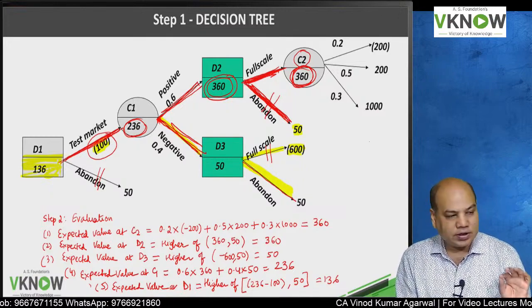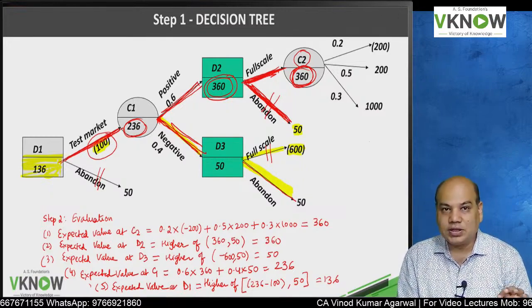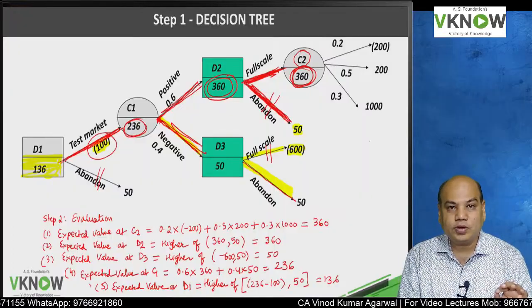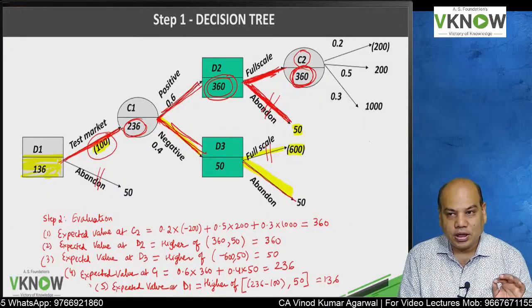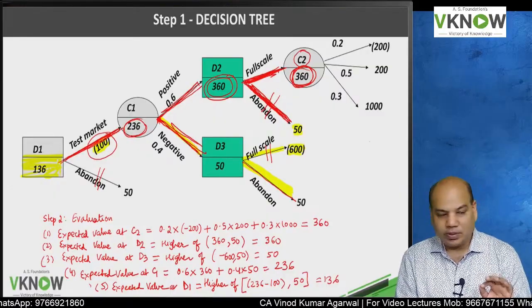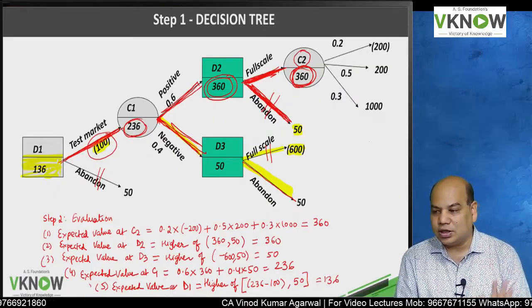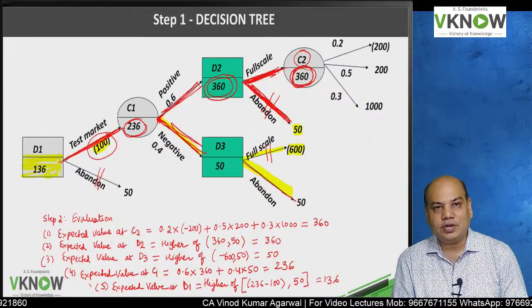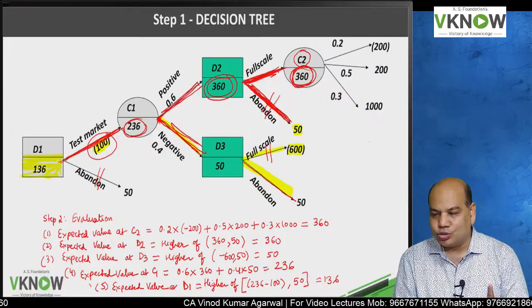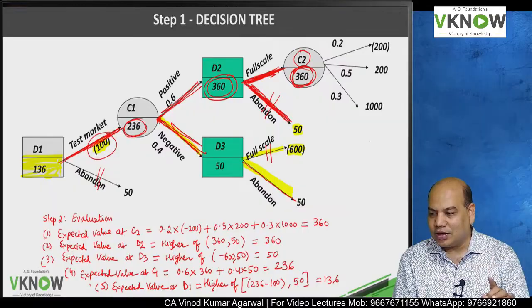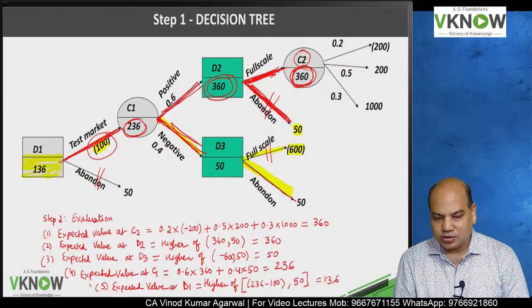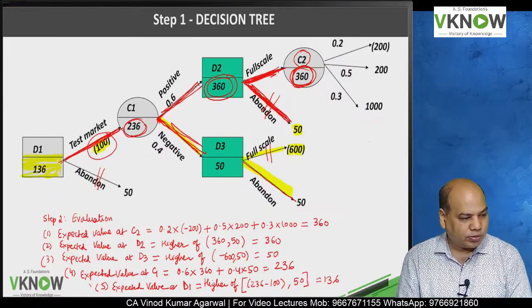That is how we'll take decision at the 3 decision points. At D1 test market, at D2 full scale, at D3 abandon the project. I hope this is right.